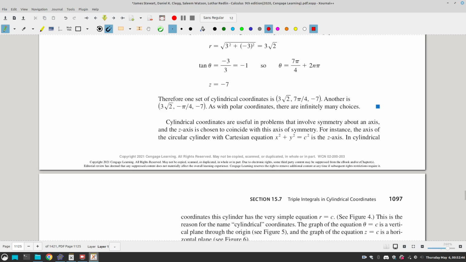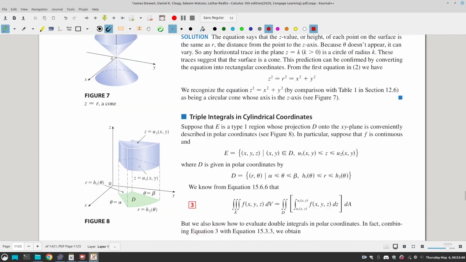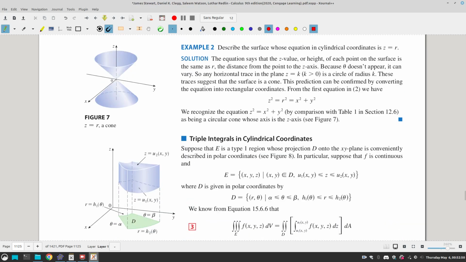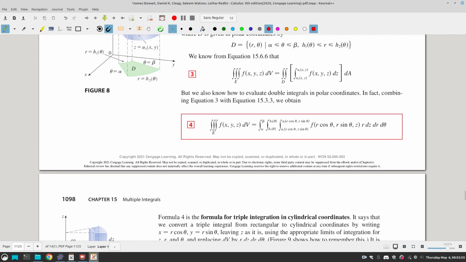Now the question is, what is the measure of integration in cylindrical coordinates? As in, what is our dV equal to, right? So in Cartesian coordinates, our dV is dx dy dz. What about cylindrical coordinates?